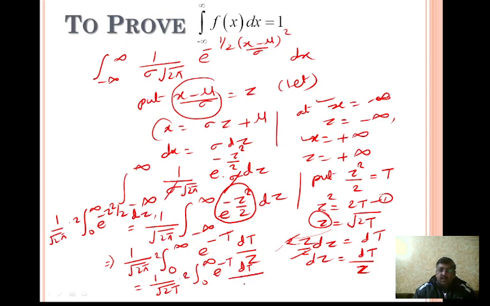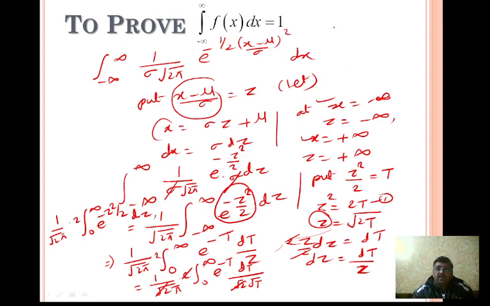The value of z was square root of 2 times square root of t. Can we write it like this, square root of 2t? Then you can see that this square root of 2 and this square root of 2, and this pi, will get adjusted.